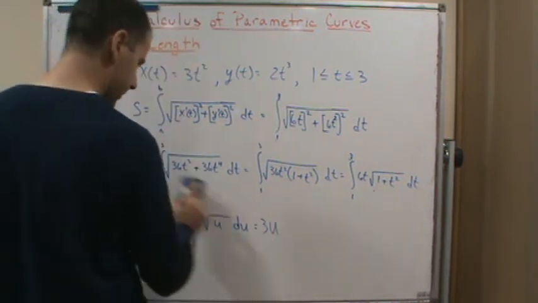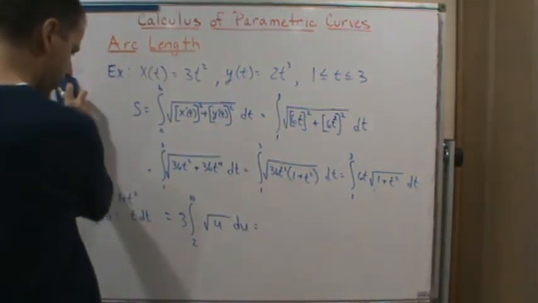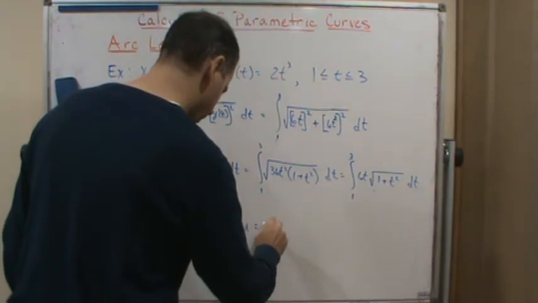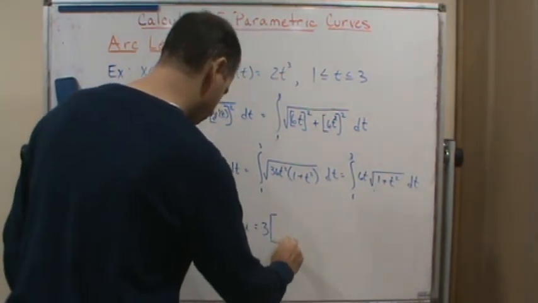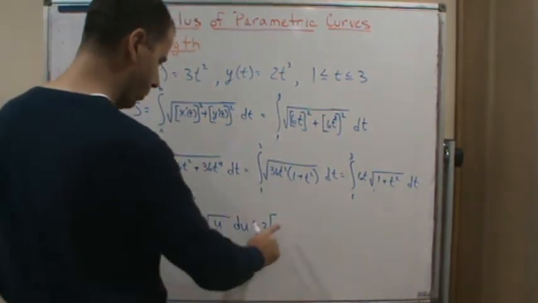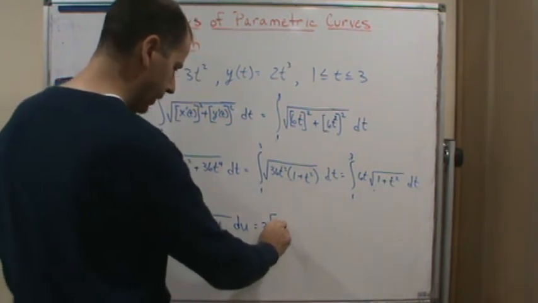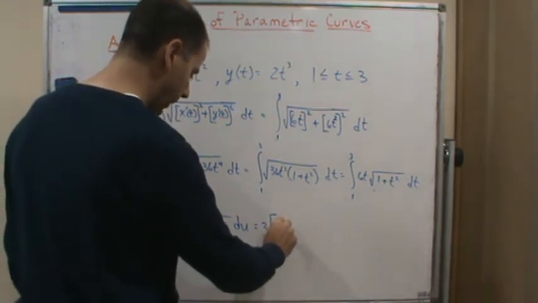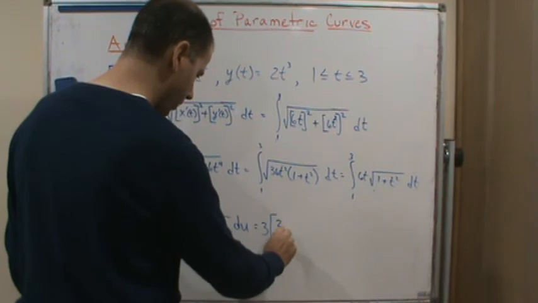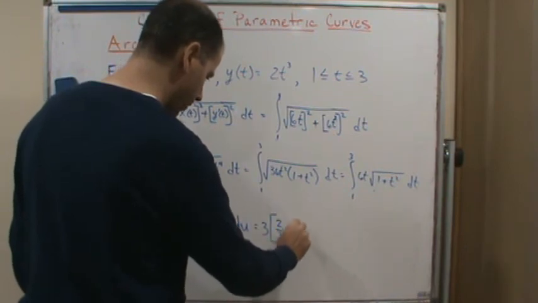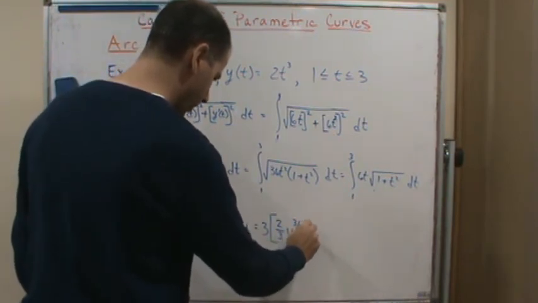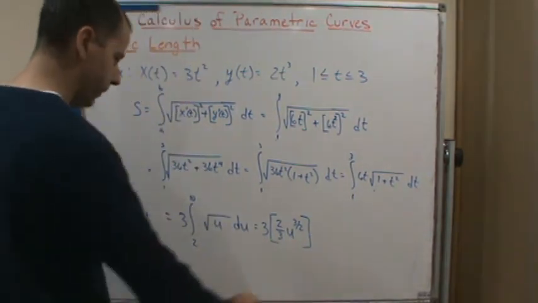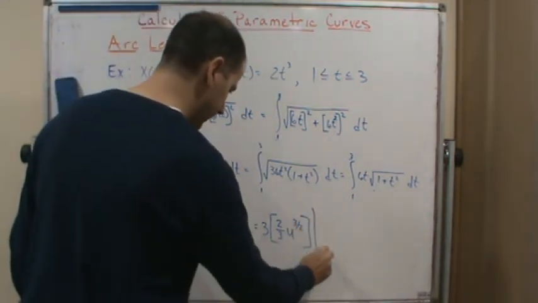Oh, let me write this a different way. Okay, so 3, and then this u to the 1/2 is going to go to 2/3 u to the 3/2, and then we're going to evaluate that from 2 to 10.